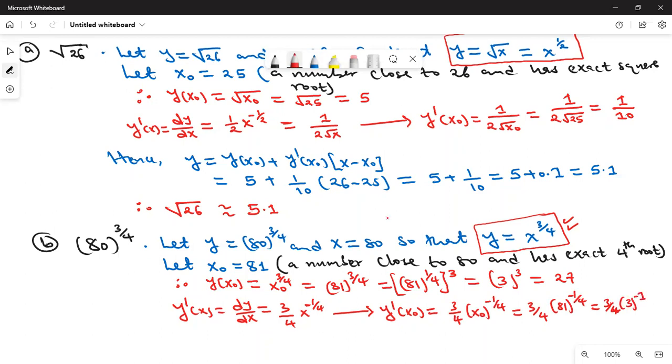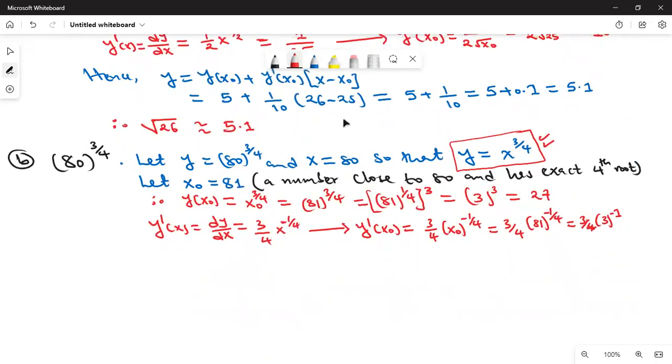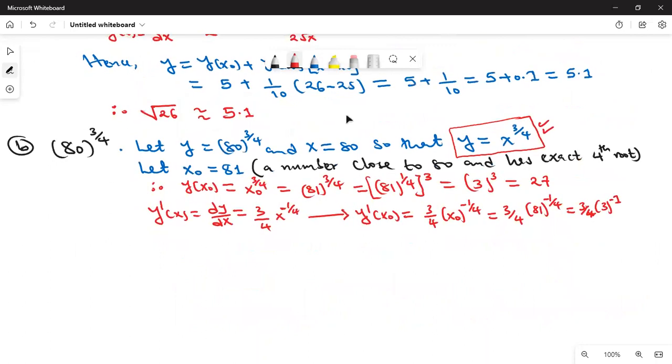You see, I have found the fourth root of 81, which is 3, and it was raised to negative 1. So anything raised to negative 1 is the same as 1 over that number. So here, it is 1 over 3. 3 over 4 times 1 over 3, and we expect our answer to be 1 over 4. Remember, the laws of indices are very important here. We are not using any calculator. So this is the same as 1 over 4.